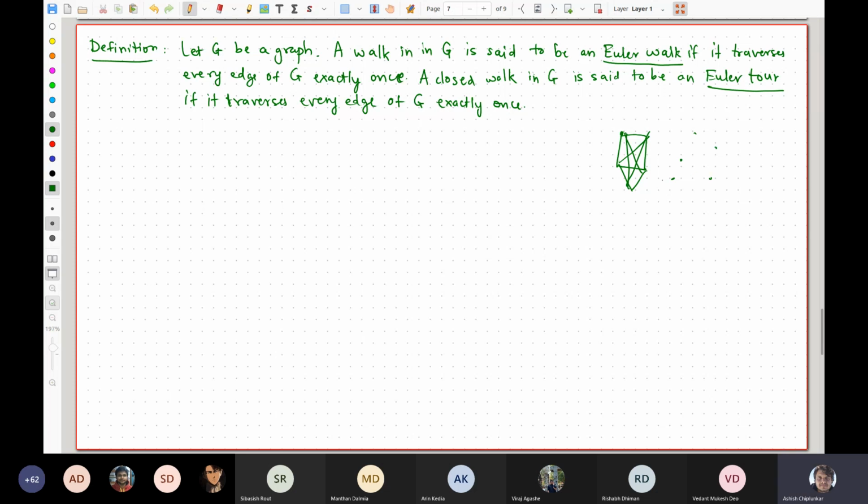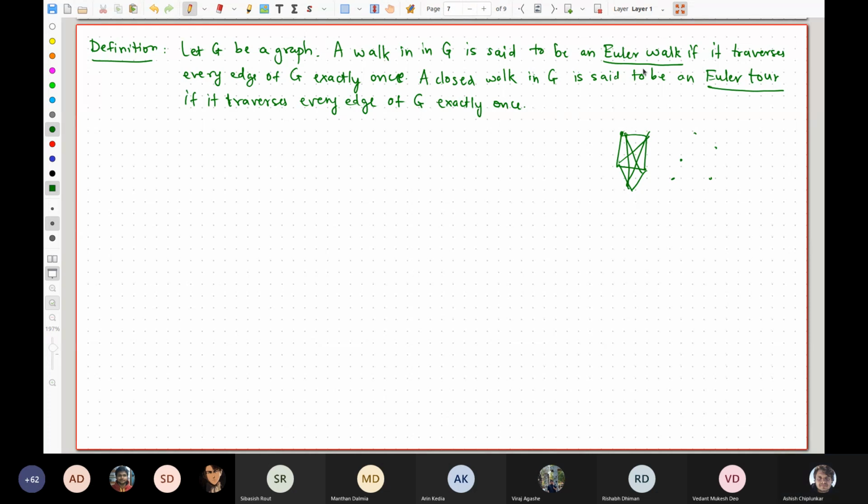This is not connected as per our definition, but it has an Euler tour. So the condition I'm really looking for is that it should have exactly one non-empty connected component, or exactly one component which is not an isolated vertex.